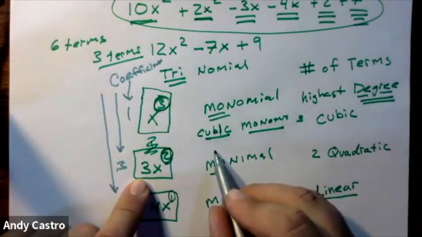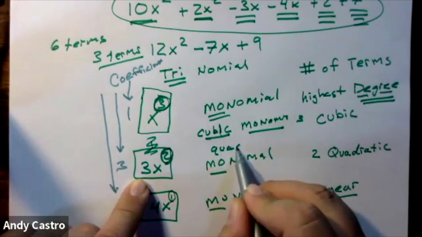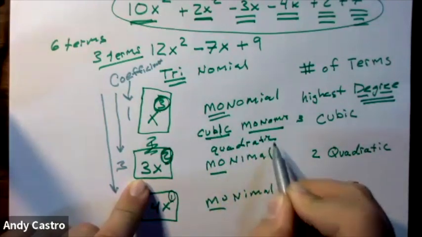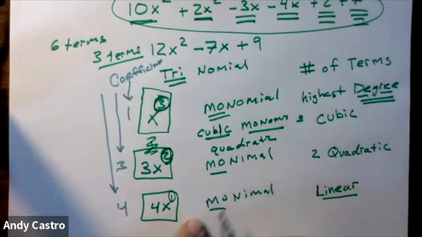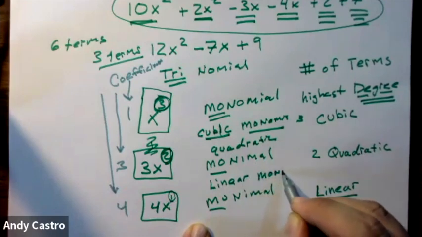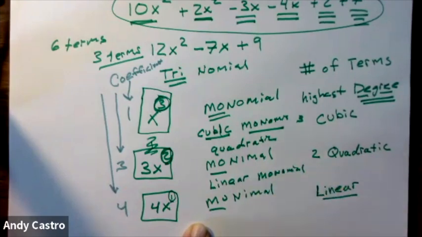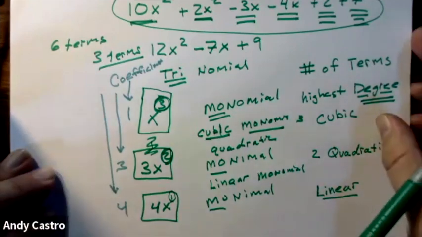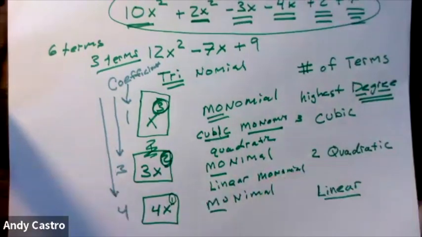This one is called a quadratic monomial. And the last one is called a linear monomial. Okay? All right.